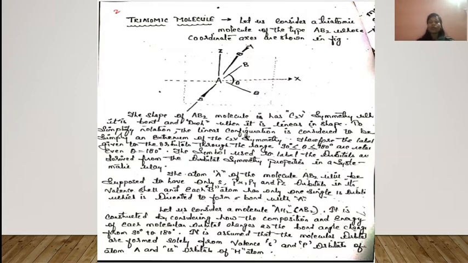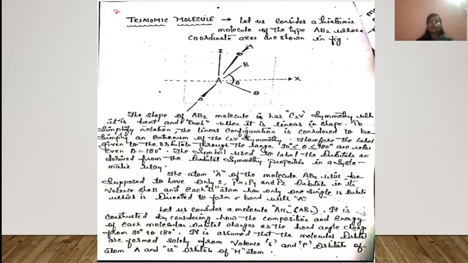So the shape of the molecule has C2v symmetry when it is bent, and D∞h when it is linear. When we take the molecule as BAB as a linear structure, the point group will be D∞h. So D∞h when it is linear in shape.